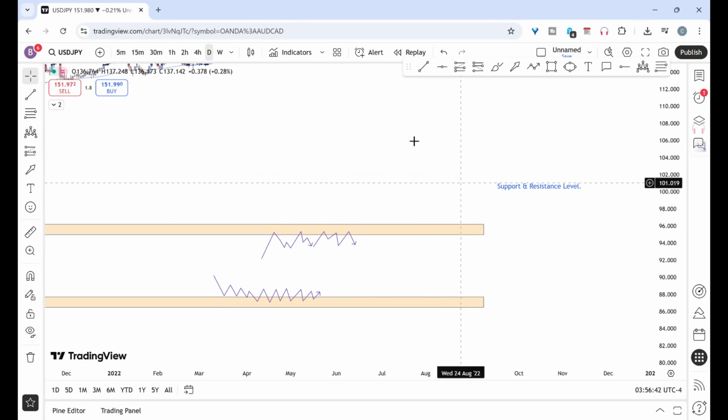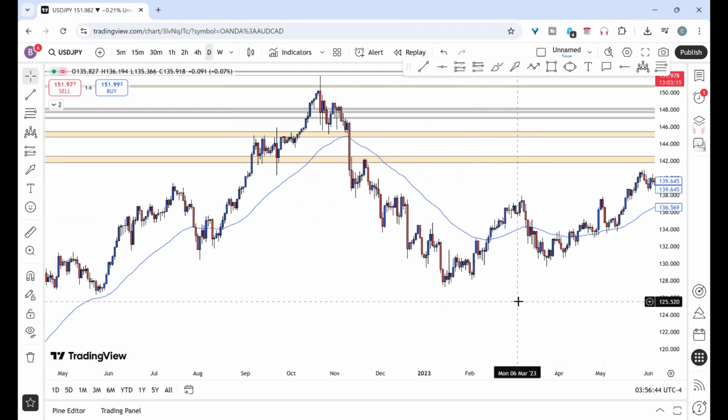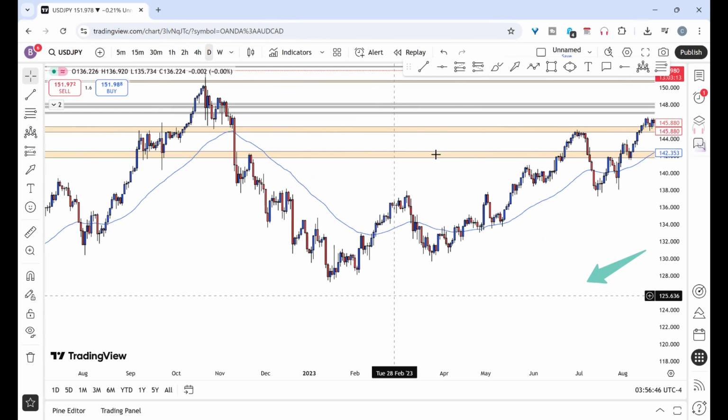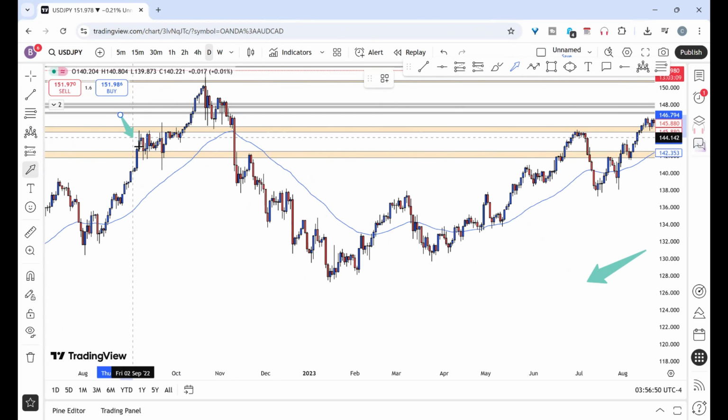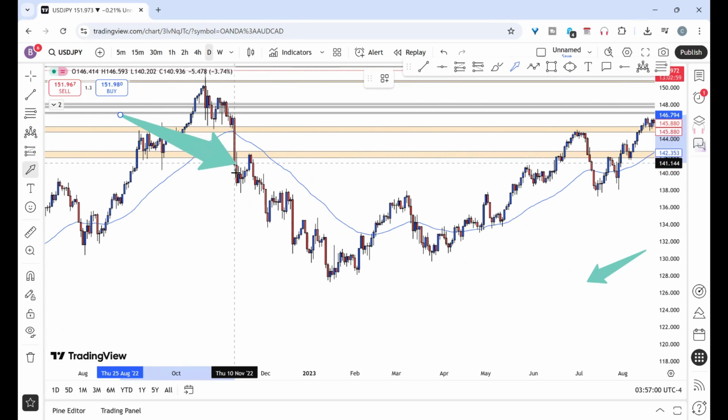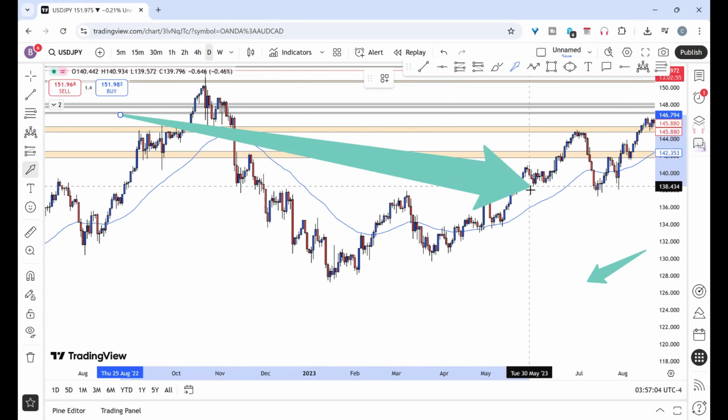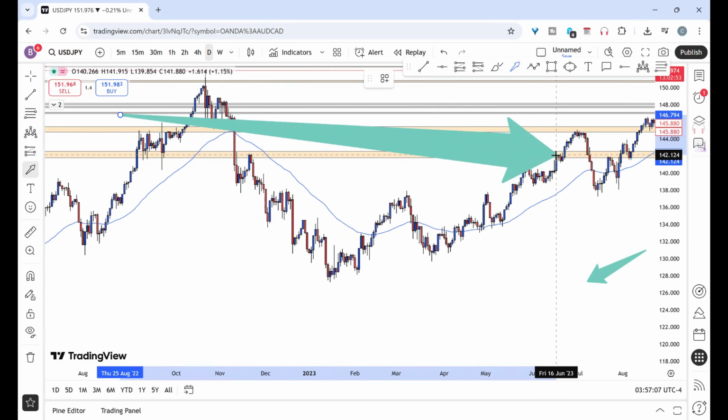Okay, it is the same thing around here. So right here, we got the support because it is hitting on the top. Anything that hits on the top is support, support, and it went back up, it breaks through, turned into a resistance level, and then it did hit again, rejected for a little bit, so it's still resistance.